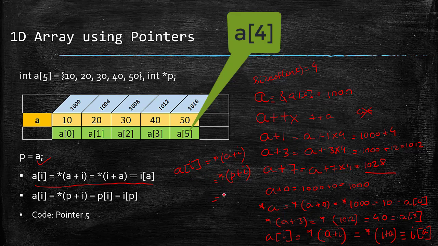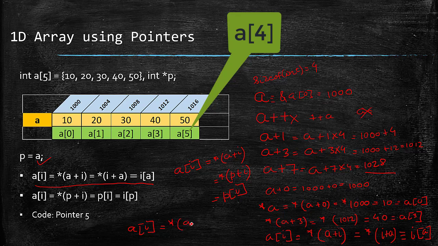Now we can write this notation also. Actually, when you are using the A[I] notation, the C compiler will evaluate it as *(A plus I).